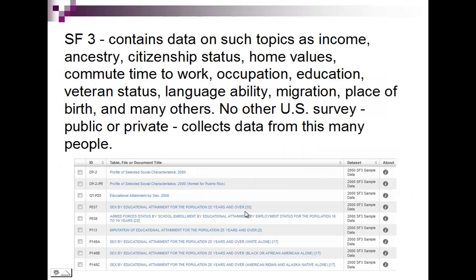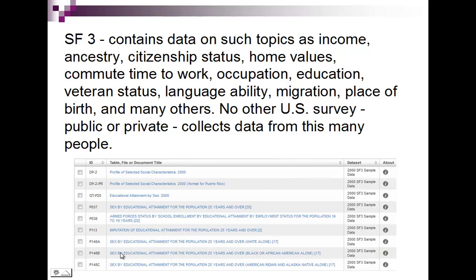Here's SF3 data. I went to look at SF3 and you can see it's still for 2000 data. A lot of the 2010 SF3 data is currently being put online by the census. So information about education attainment, housing tenure, rent, we still don't have those online for 2010.